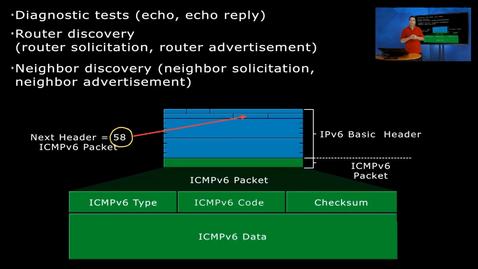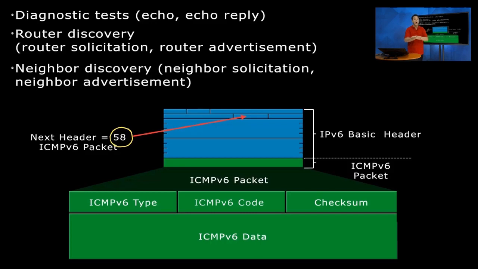ARP, Address Resolution Protocol. What is Address Resolution Protocol all about? It's all about figuring out the MAC address of a device in your local area network based on its IP address. So I know the IP address of the device I want to talk to, but I need its MAC address. I use ARP. Neighbor discovery is the replacement to ARP.